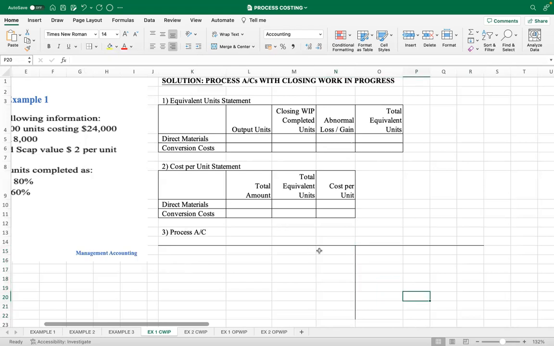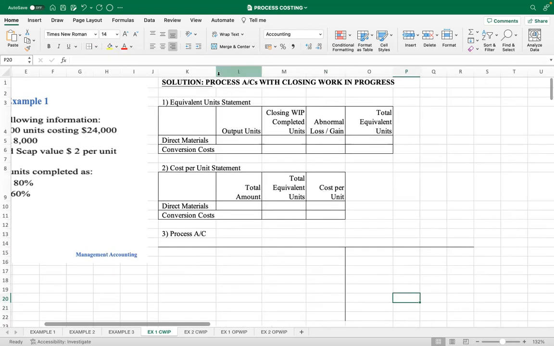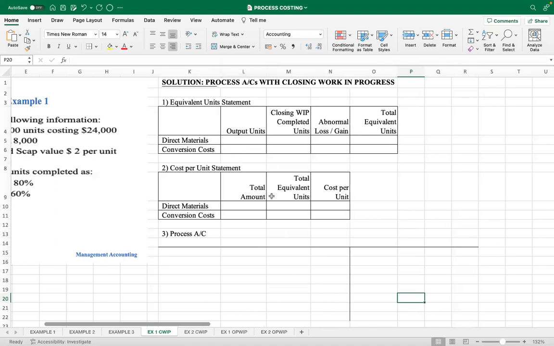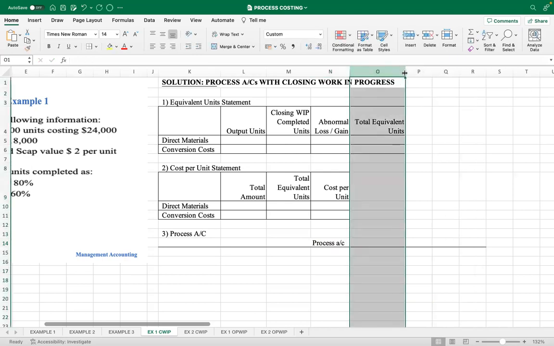Let me increase this size a bit. So this is everything that we need.